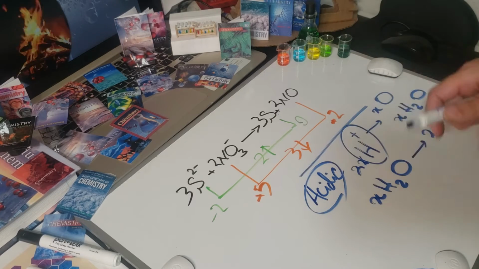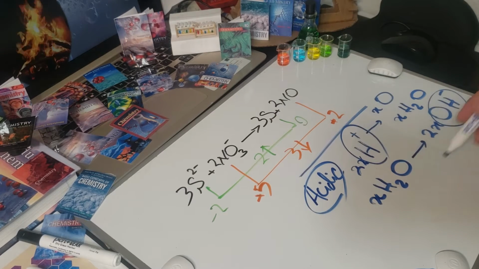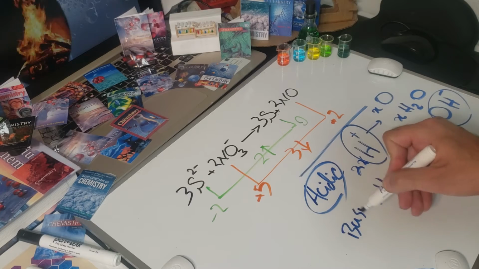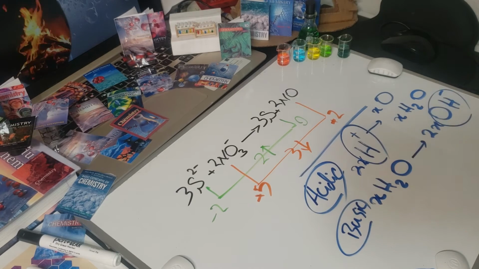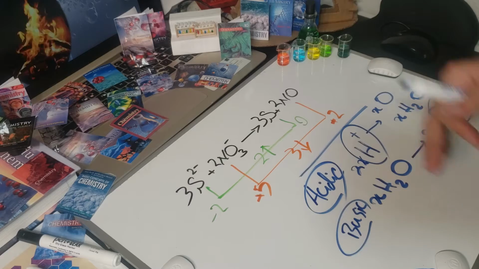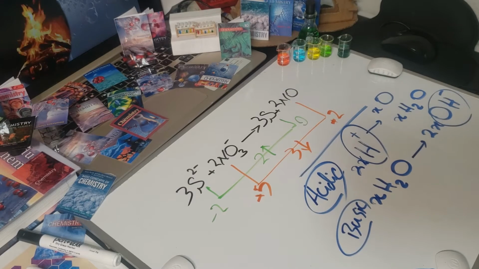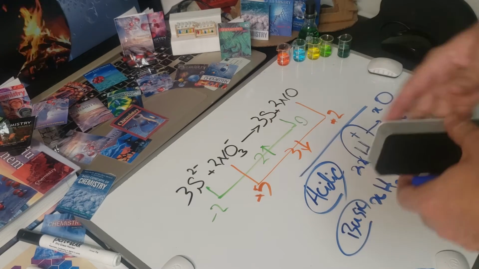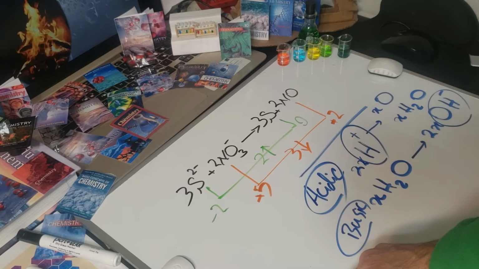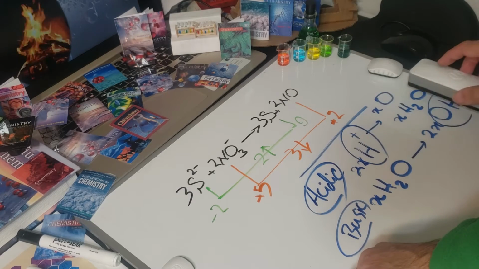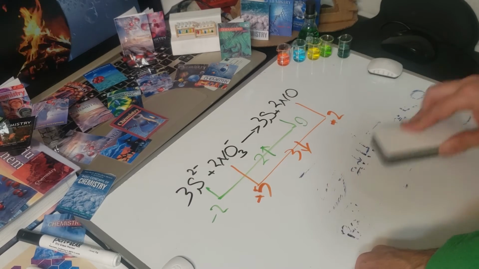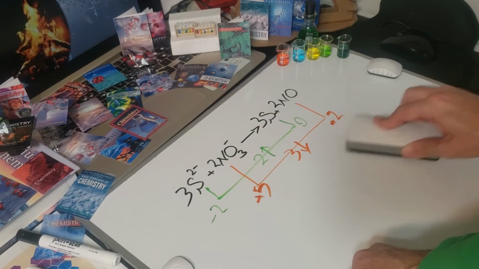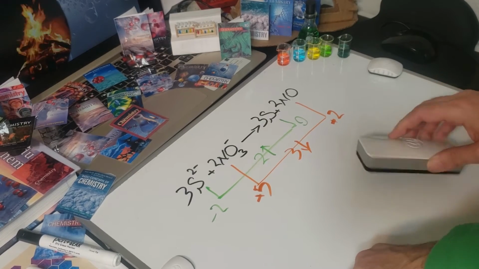We say basic media because you've used OH minus. So you could do it two ways. We will do both in any example we do. And after you do that, you just check your equation for the charge on both sides. If the charge is balanced, it means you've done a good job on your reaction.